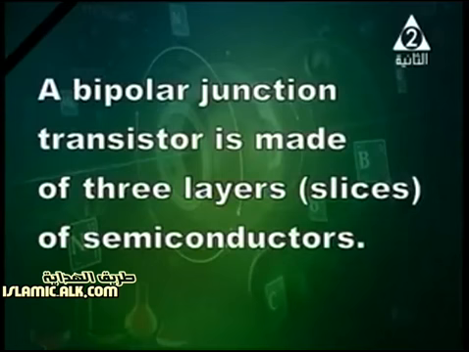First of all, what is a bipolar junction transistor? Well, it is made of three layers, three slices of extrinsic semiconductors. Extrinsic semiconductors means, yes, they contain impurities.